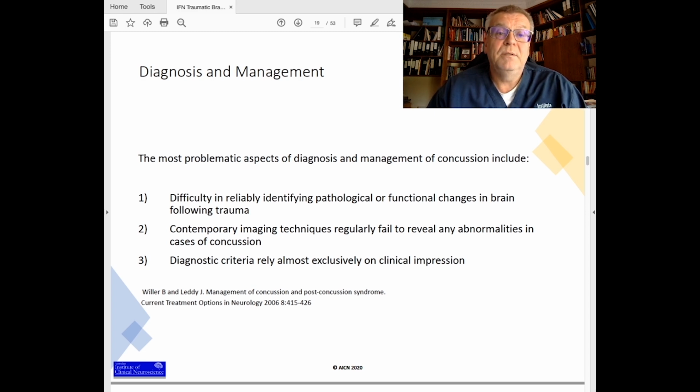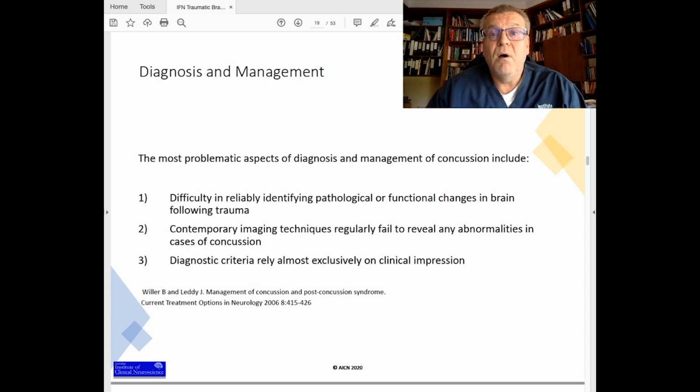And that means that the impression of the clinician is what determines whether there's a concussion or not, especially in cases where the person involved does not remember whether they have lost consciousness or not. So we know if you've lost consciousness because of the head injury, then you've experienced a concussion. We don't know how severe the concussion is, but it's more severe than one where you didn't lose consciousness.